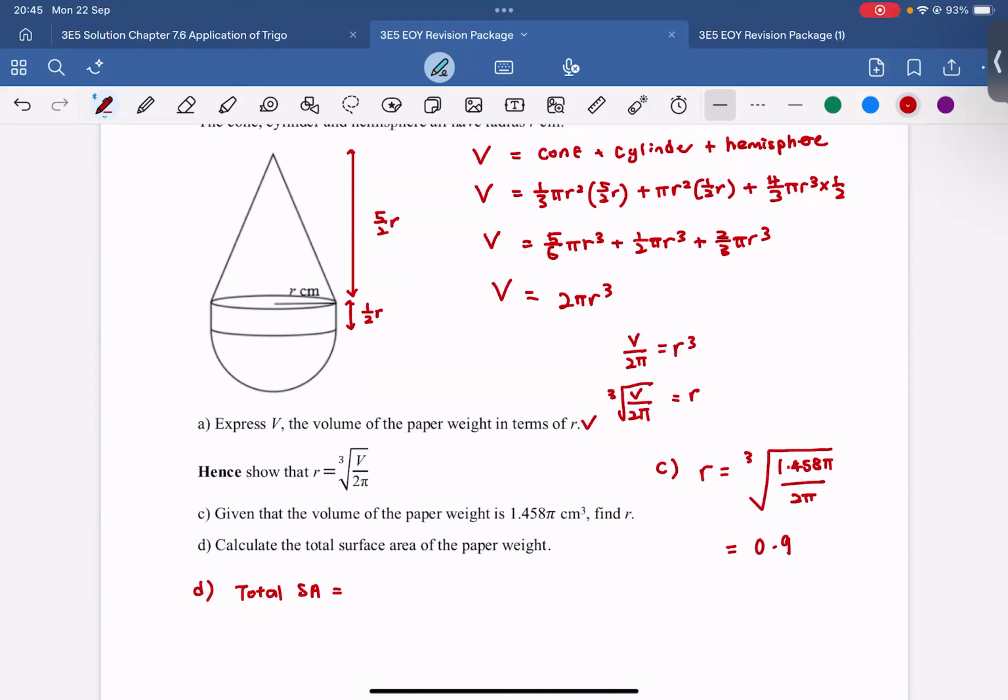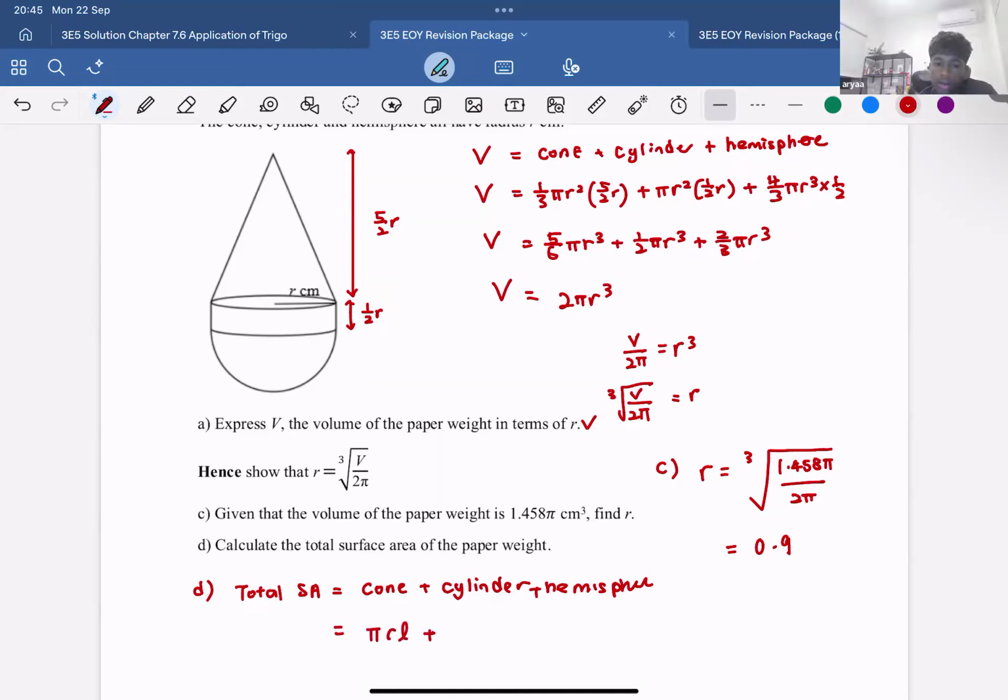Part D, how to find the surface area of the paperweight. The paperweight's total surface area is made out of the cone, the cylinder, and the hemisphere. So what is the surface area of the cone? Pi r L. What's the surface area of the cylinder?